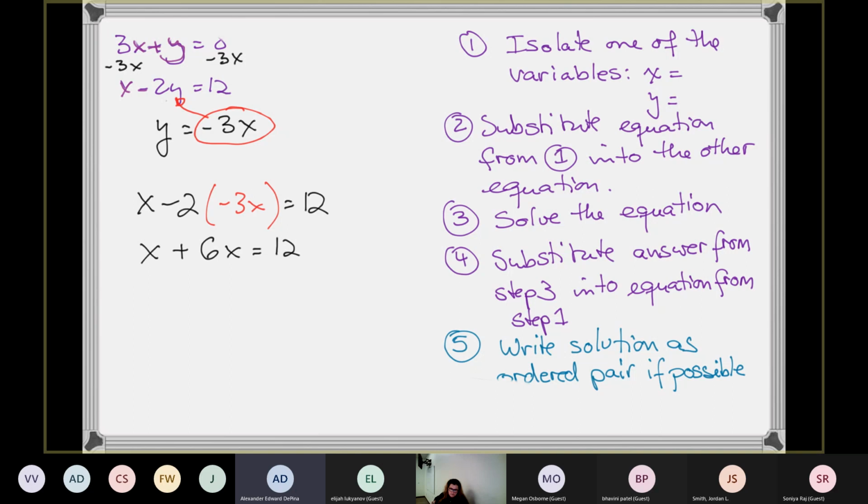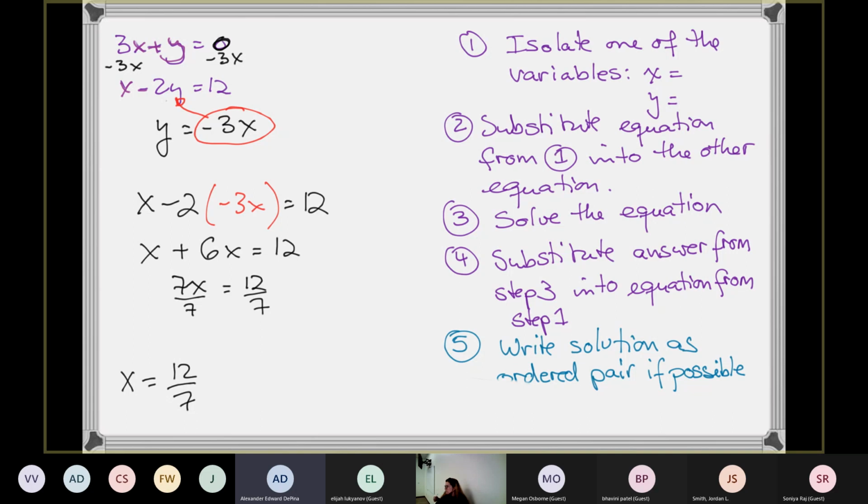What? Did I copy that right? I copied that wrong. I don't think that was a 0. I think that was an 8. But we love fractions, so that's not going to deter us. We're going to divide by 7, so x is 12 over 7.